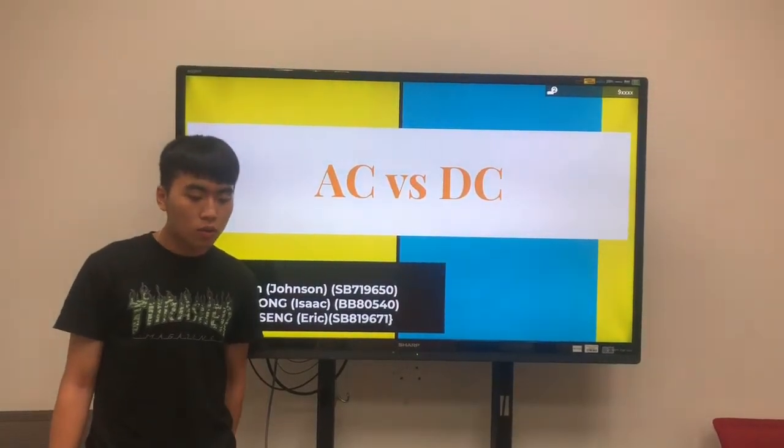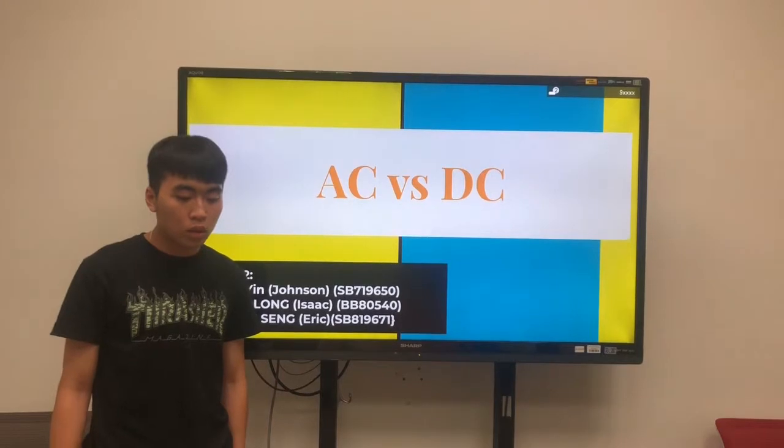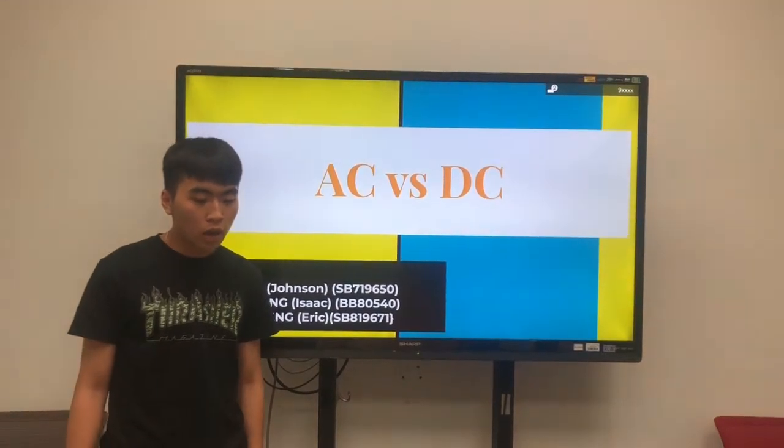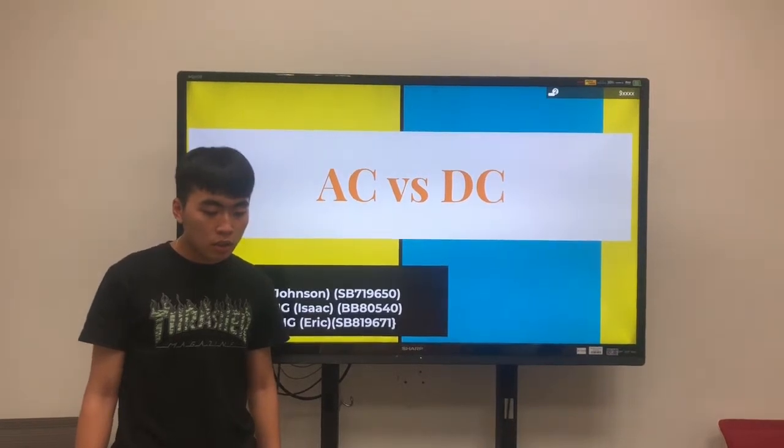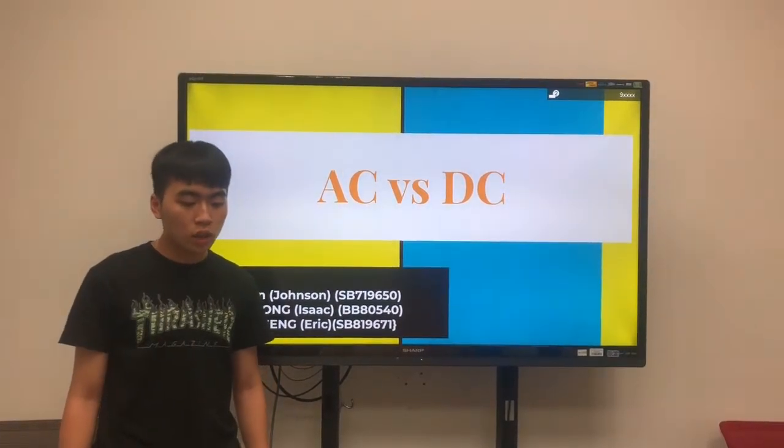AC's current flows out in two directions and then flows back, and the size is constantly changing.